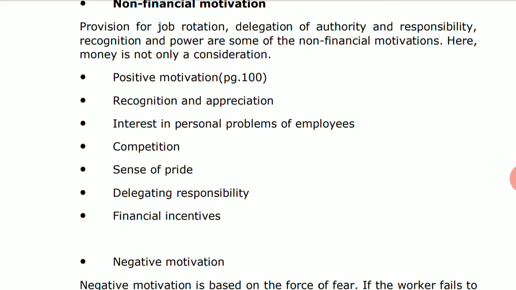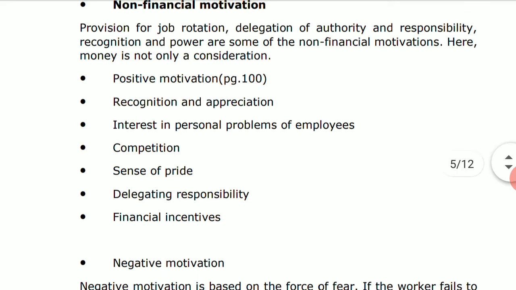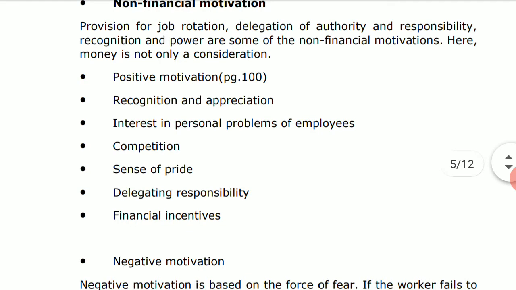It may be recognition and appreciation, interest in personal problems of the employees, or a healthy competition can be provided, sense of pride can be there, there can be a delegation of responsibility over them, right? There can be financial incentives that can be provided. So this can be considered to be the positive motivation, right?